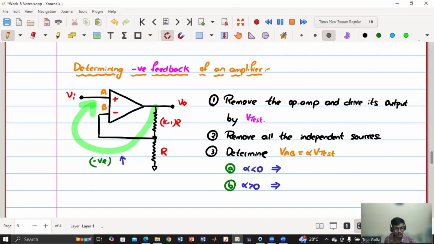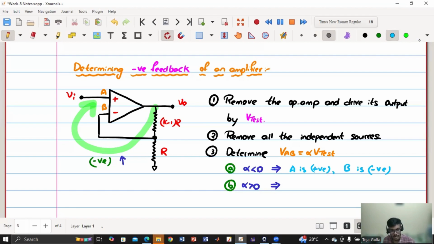So VAB should come negative, then A will be positive and B will be negative. But if alpha is coming positive, the terminals should be the opposite way, because VD should be negative.